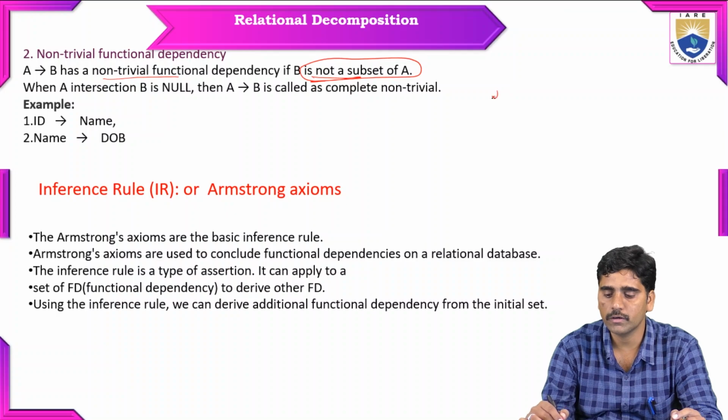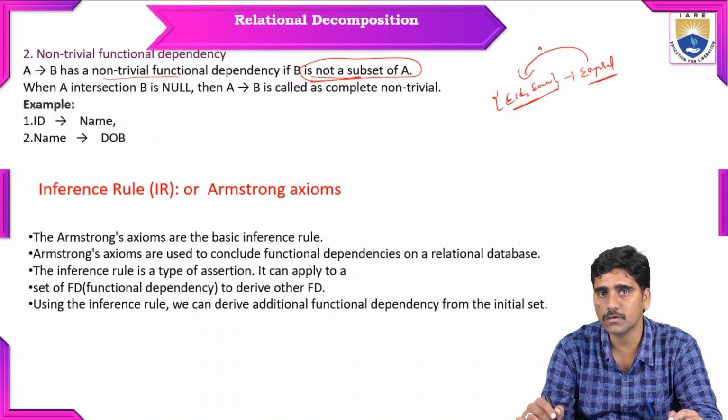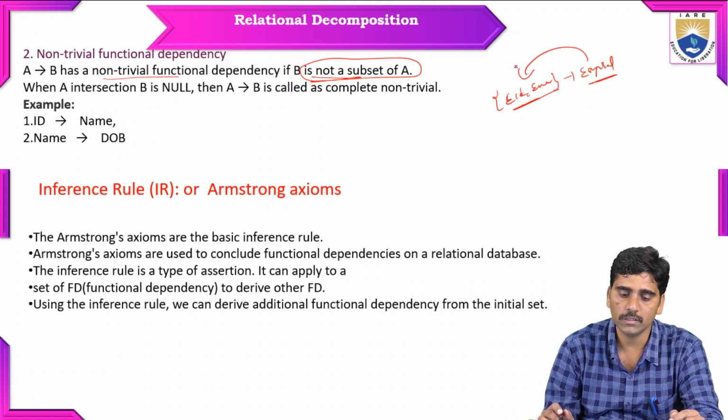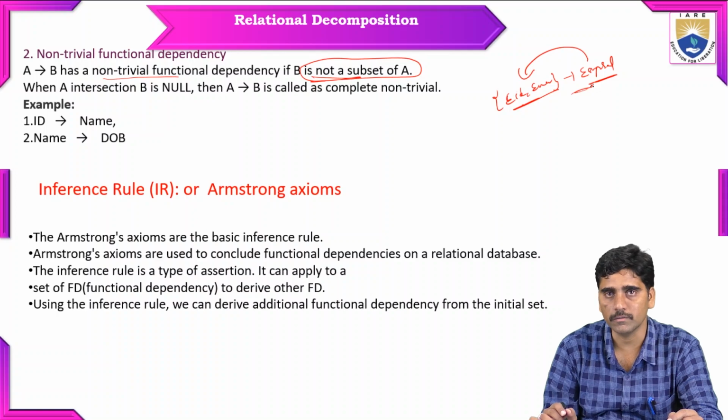Suppose you take employee ID comma employee name, and the value is employee salary, which is not a subset of this. So hence it is a non-trivial functional dependency.